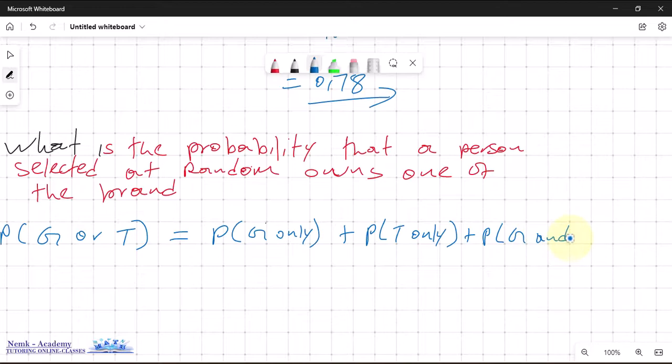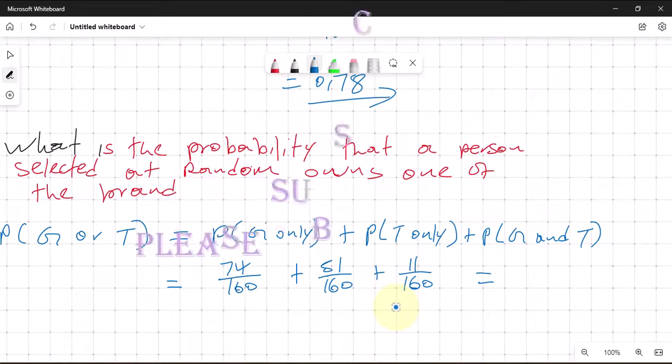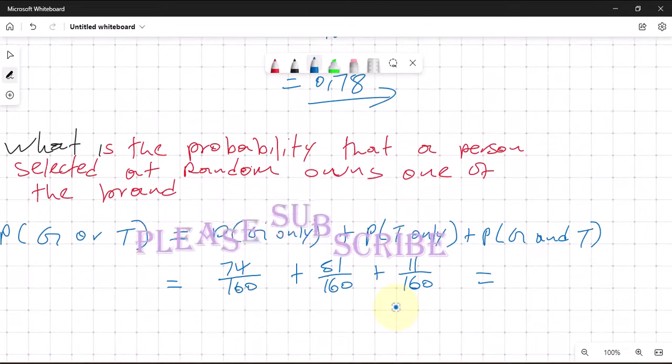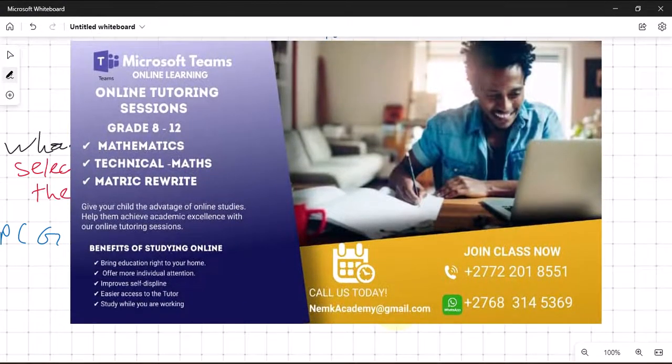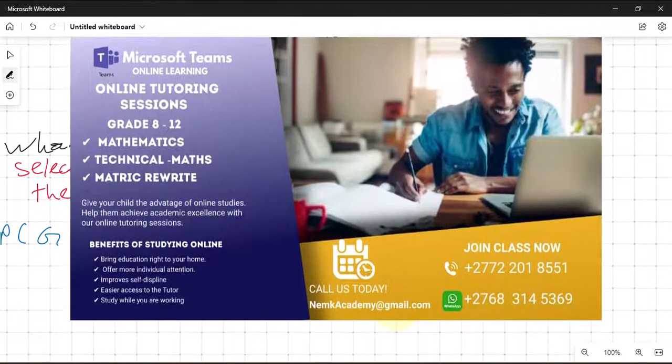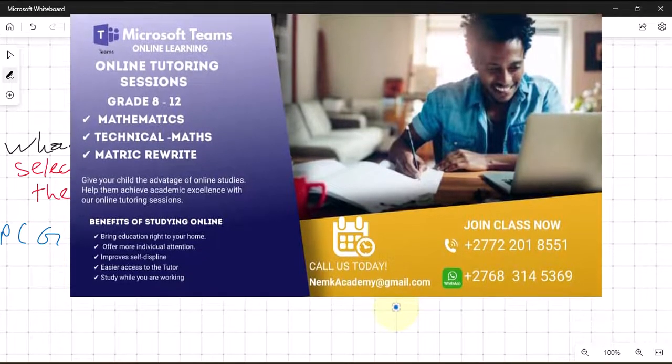So Guess only is 74 over 160, plus Triangle only is 51 over 160, plus Guess and Triangle is 11 over 160. Then what we get? 0.85.